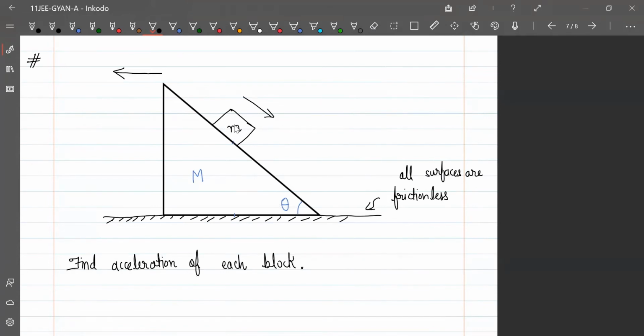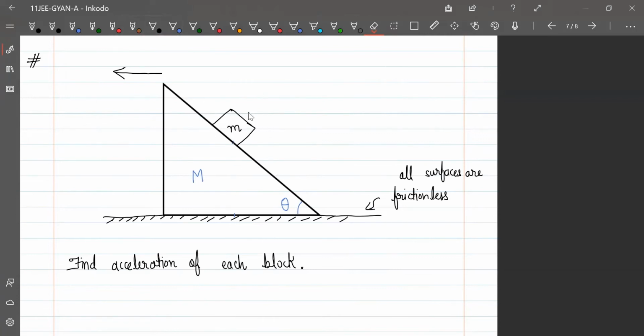The thing is that if you look at this smaller block from the bigger block, the smaller block is just sliding down, and the bigger block is going in the leftward direction. So it is not just going in the downward direction. You can say it has two accelerations, one in the forward direction and one component in the downward direction.